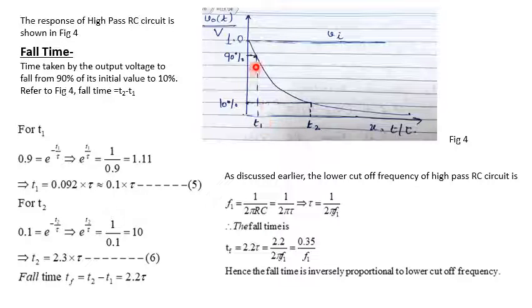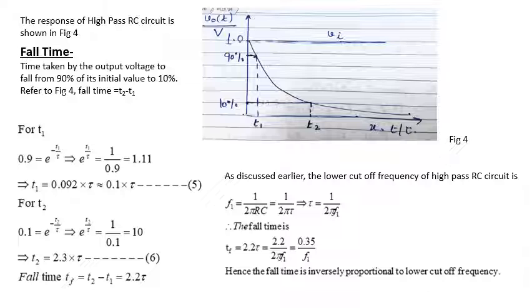From 90% to 10% of the maximum value, the time taken by the wave to decrease from 90% to 10%. So we have shown it mathematically. If we put the value of 90% of output voltage and 10% of the output voltage in the equation in the previous slide, then we can get time t1, that is the time at which the output voltage is 90%. It comes out to be approximately equal to 0.1 of time constant tau or RC.